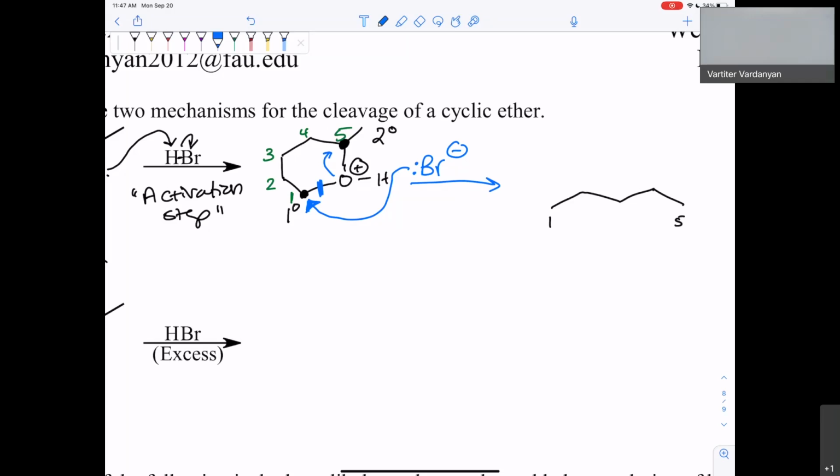A Br, yeah. So the nucleophile is going to attach to that primary carbon. Cool. So then what do we have on carbon 5? We do have a methyl group, and we have something else, an oxygen, but is it just an oxygen? So we ended up adding the bromine at the primary carbon, which opened up the ring.